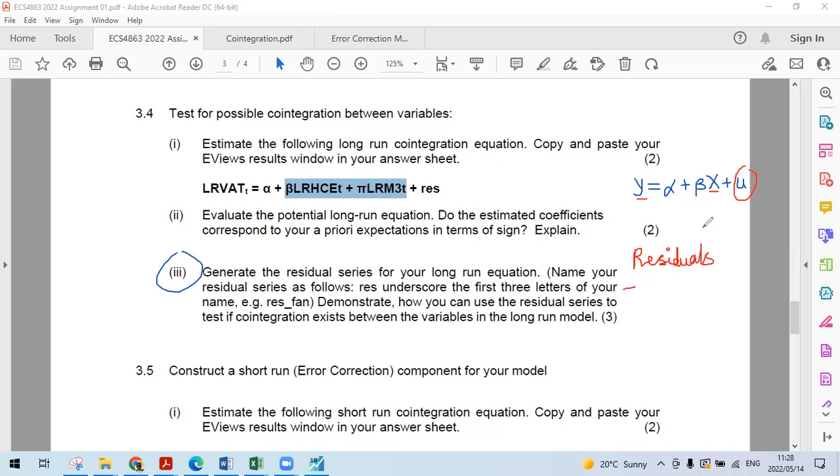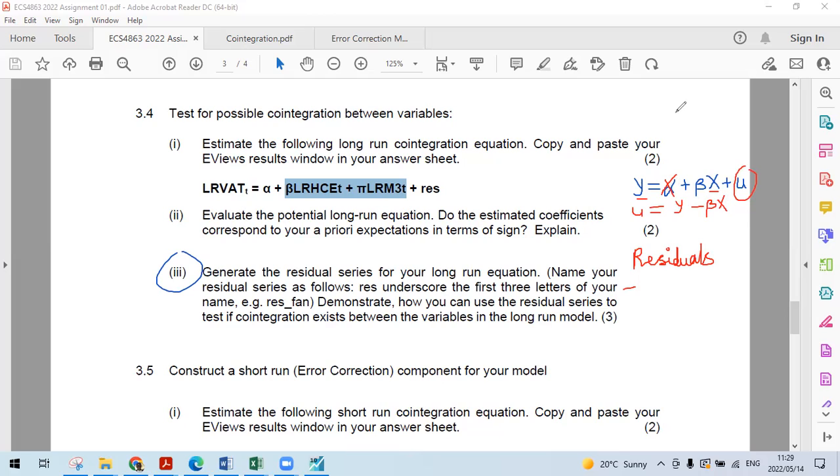In other words, I want to come up with u is equal to what? I'm not good in mathematics, so forgive me if I make mistakes. Making u the subject of the formula, is it what you get? Yes.